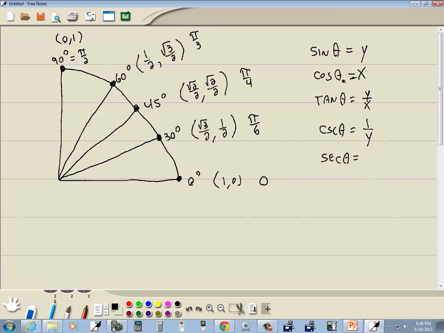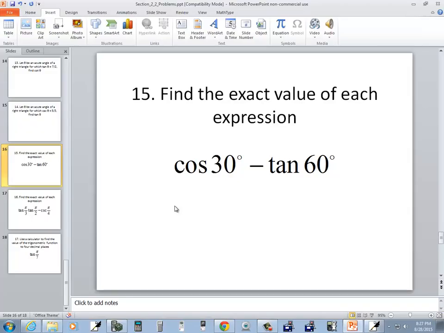Secant is a reciprocal of cosine, which would be 1 over x. And cotangent, a reciprocal of tangent, which would be x over y. X and y, what in the world am I talking about there? Well, when you're looking at these points here, this would be your x part, and this would be your y part. And the same in all of these. So that's what we're talking about with the x and y. And clear as mud. Hopefully after we look at these examples, it'll become clear.